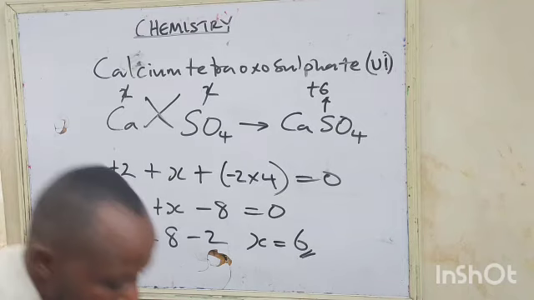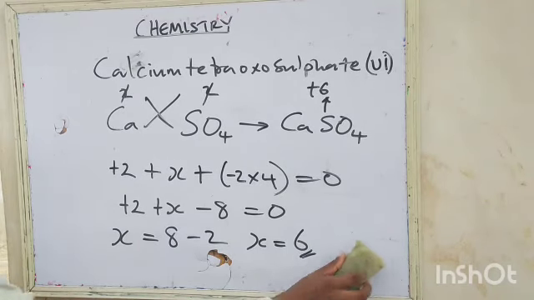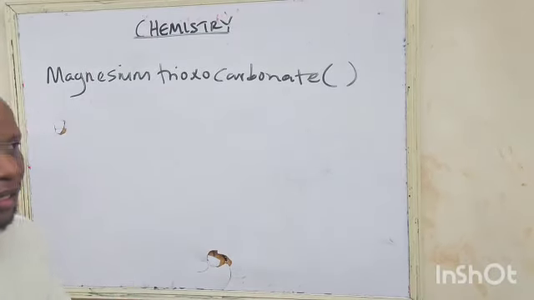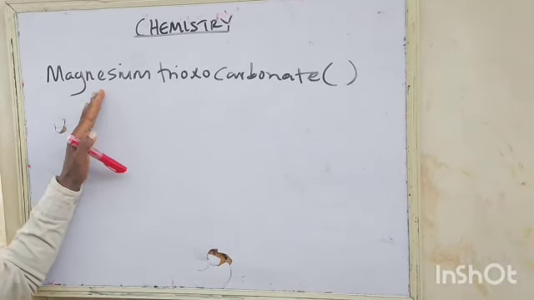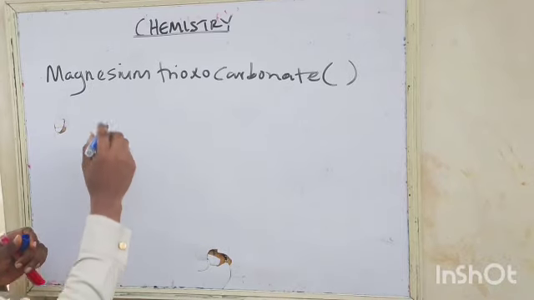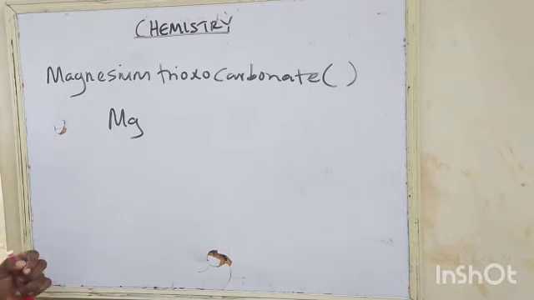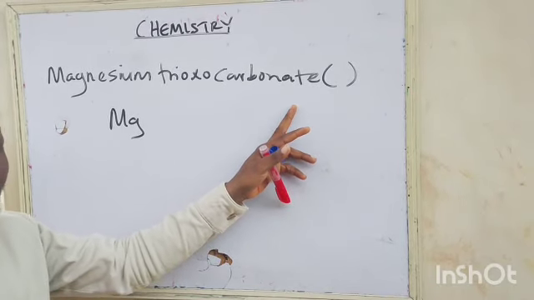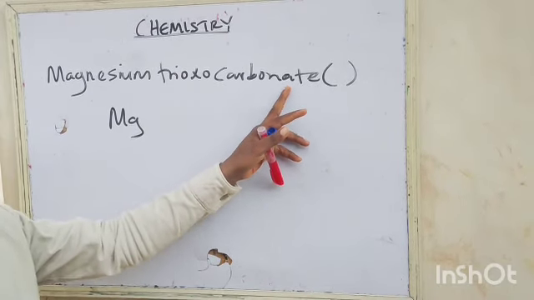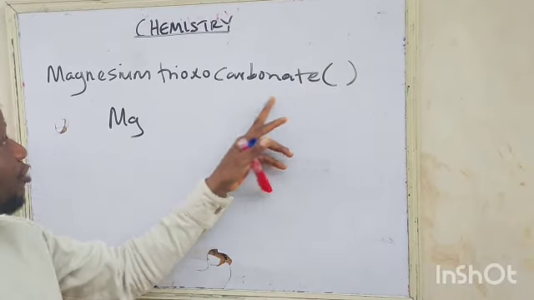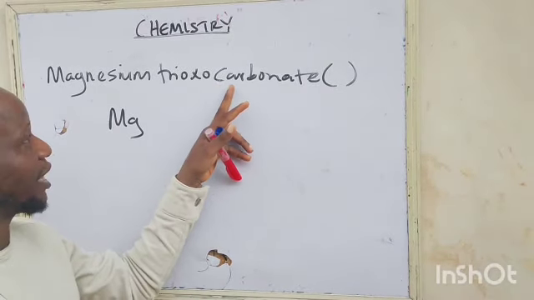Now let's look at one more quickly. Magnesium trioxocarbonate what? First and foremost, identify the symbol of the element. Magnesium, Mg. Trioxocarbonate, ATE, that is 3 oxygen involved, trioxo, then carbon.